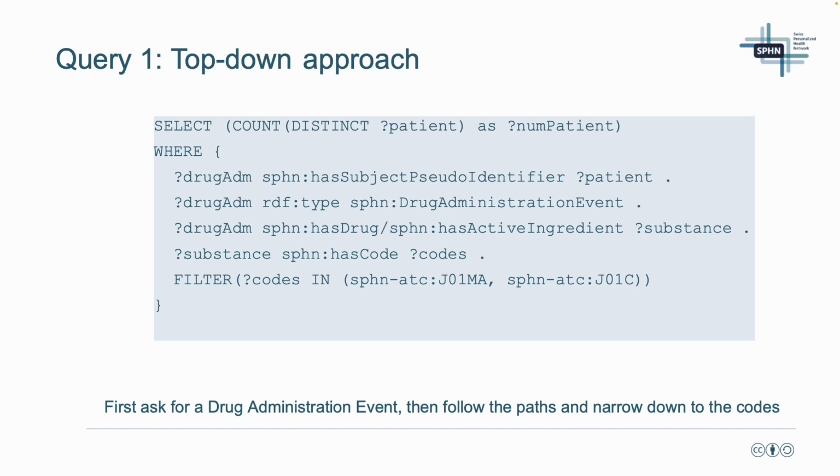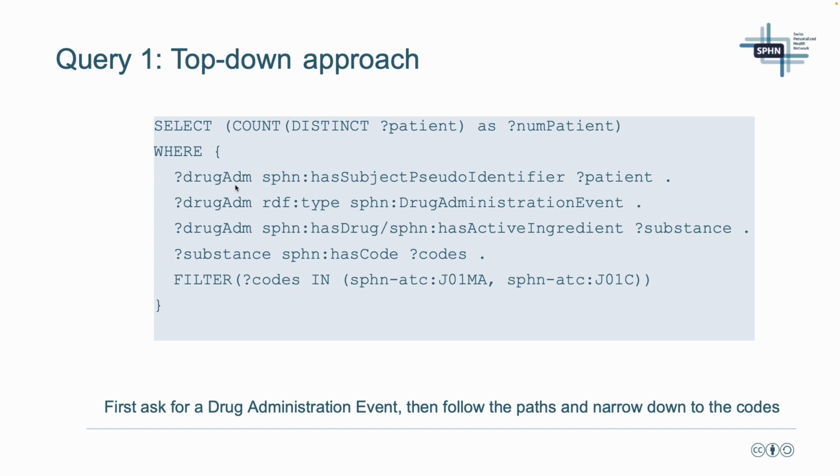We are interested here in a specific drug administration event where the substances given to a patient are of 2 different kinds, highlighted here with those ATC codes. This first query basically defines first the drug administration event and then narrows down the path to the specific codes we are interested in.